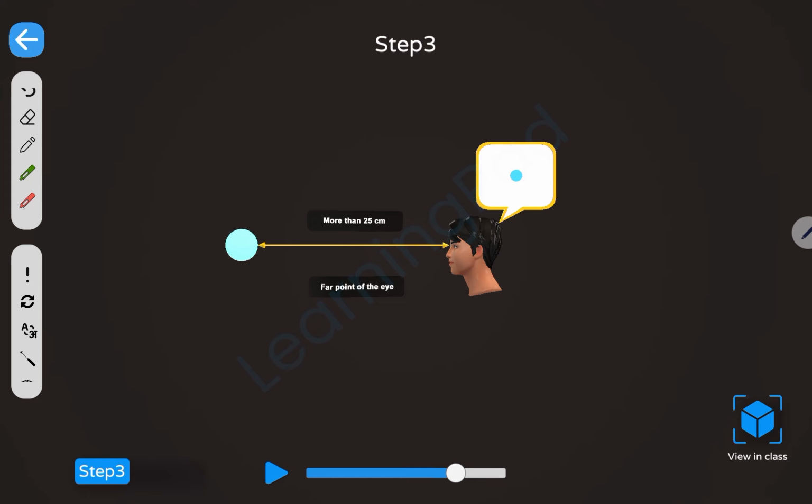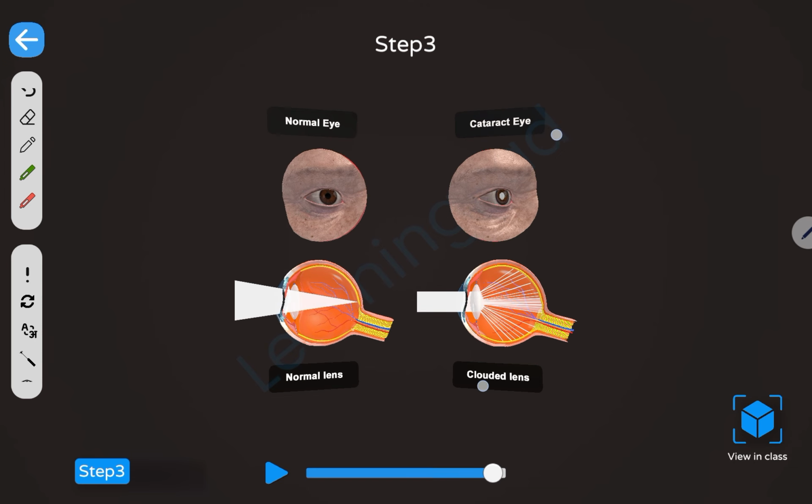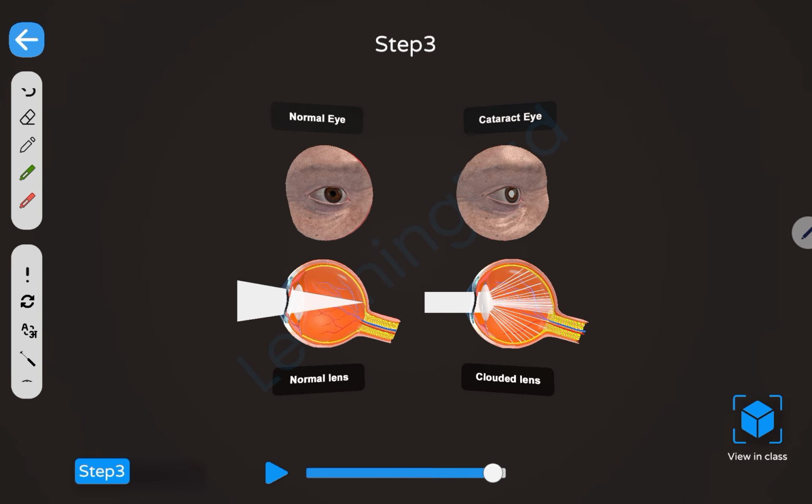Yes. And next, there is a condition called cataract. This is basically seen in old age people. Their eyes become foggy and their vision is a little bit clouded because of the cataract condition. As you can see here, through the normal lens, whatever light comes from the object enters into the eye.